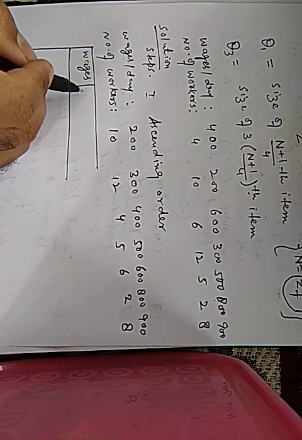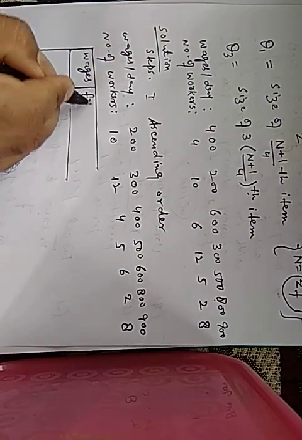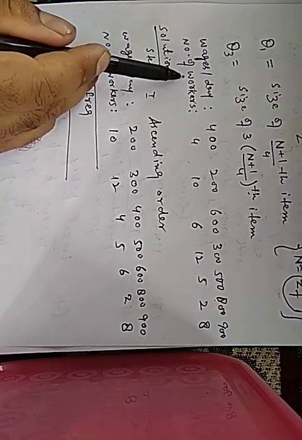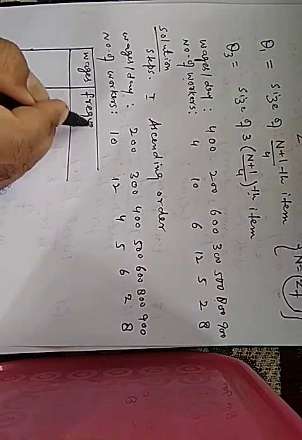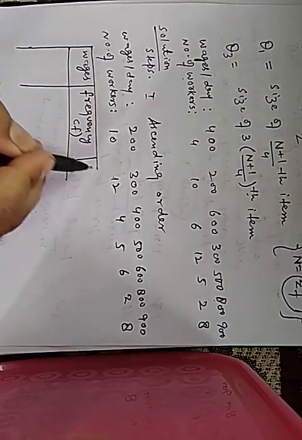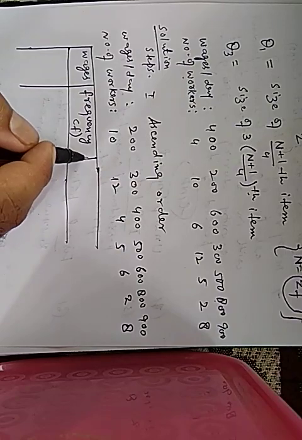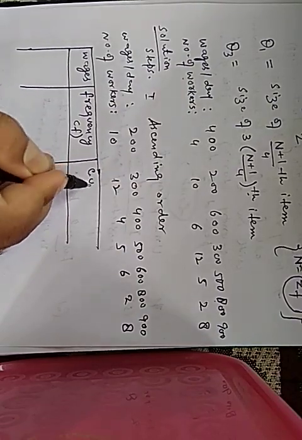In this column we will write the frequency of the variable, that is number of workers, denoted by F. And in the last column we will obtain the values of cumulative frequency.